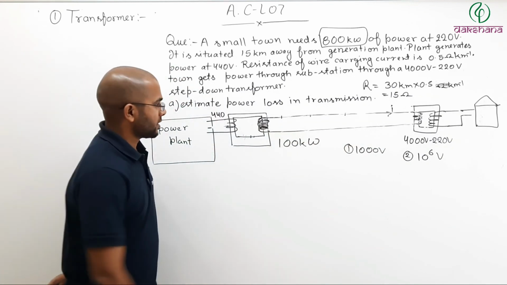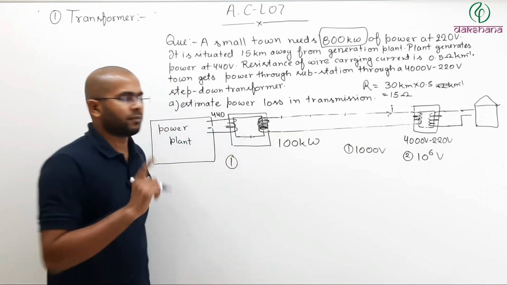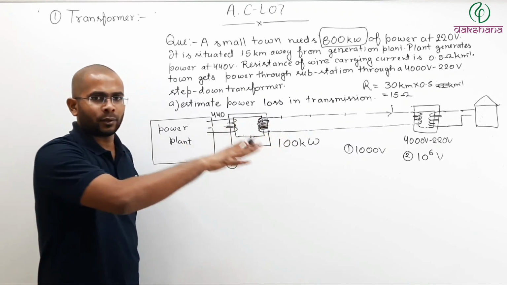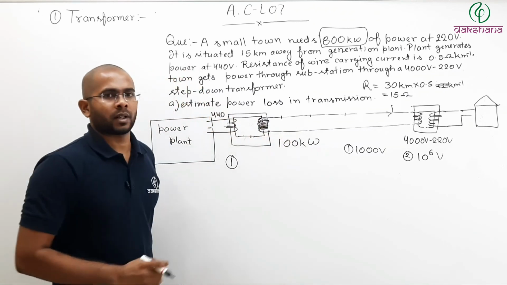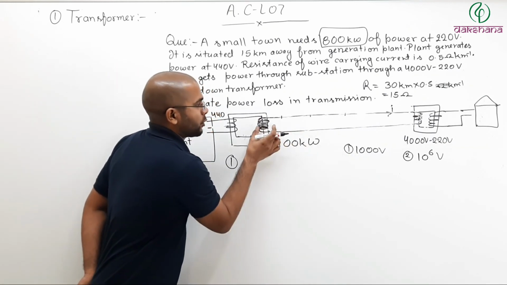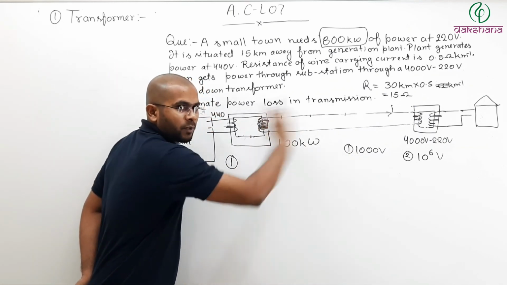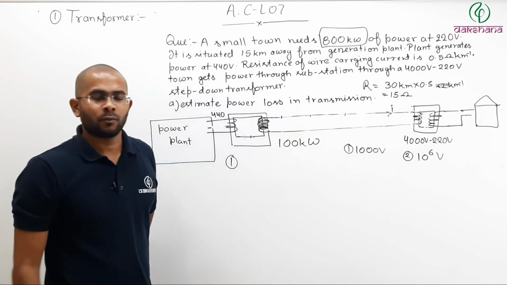Now, let us take the first case. In the first case, if 100 kilowatt is the power and this is the potential at which I am transmitting my power, what should be the current?